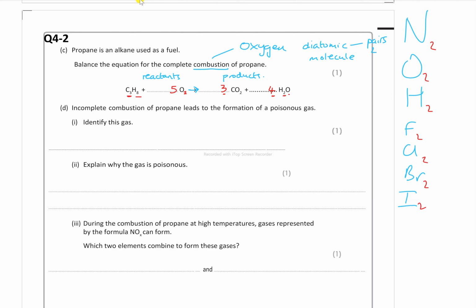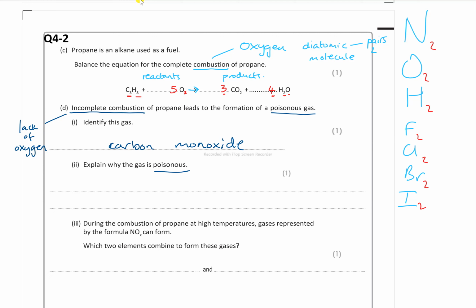Right. Incomplete combustion. Do you know when they use the word incomplete combustion, that means there is a lack of oxygen. There's not enough oxygen. Poisonous gas is formed. It's always going to be carbon monoxide. Why is it poisonous?